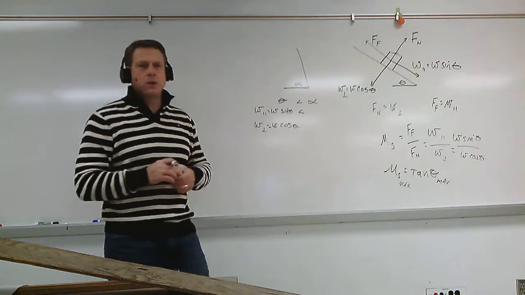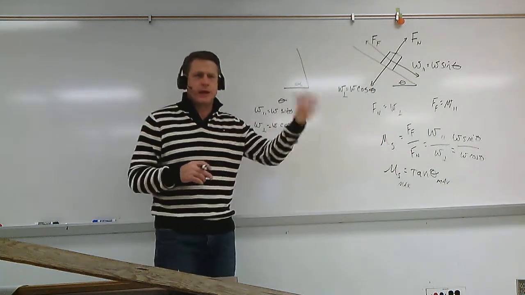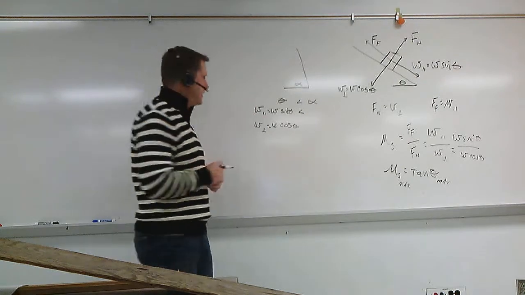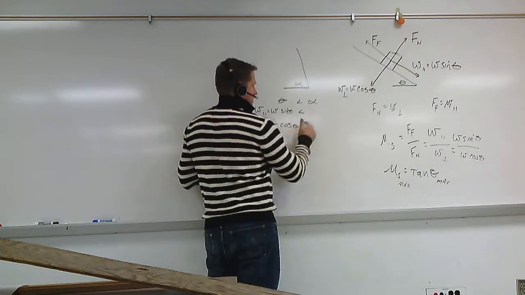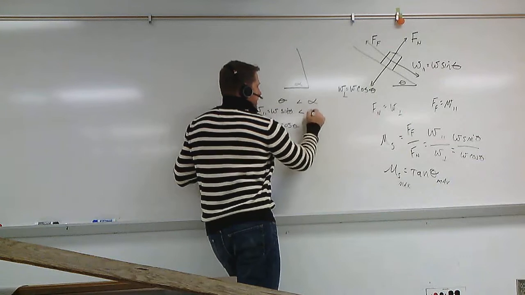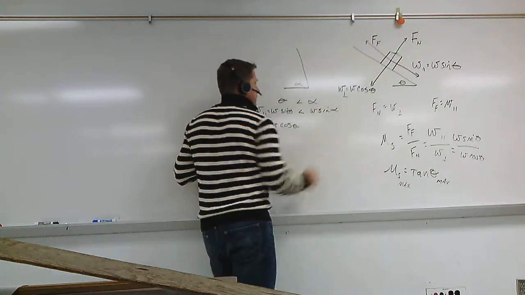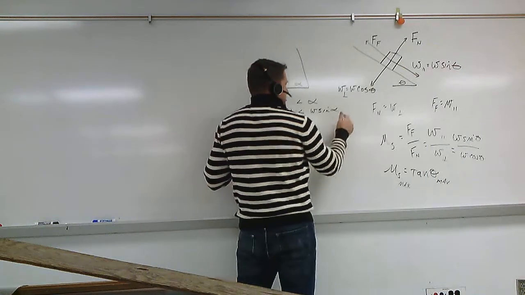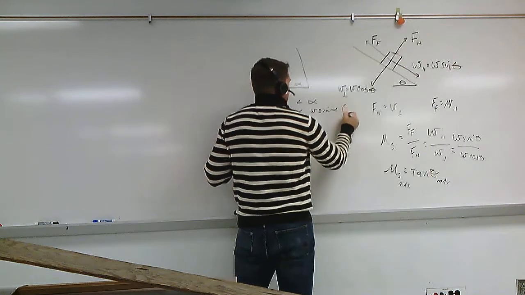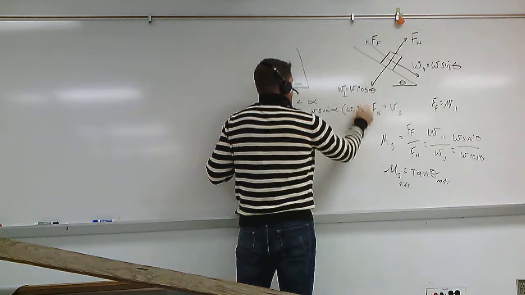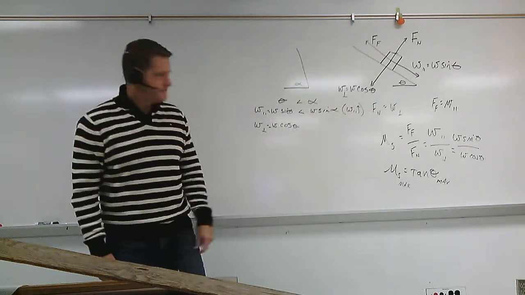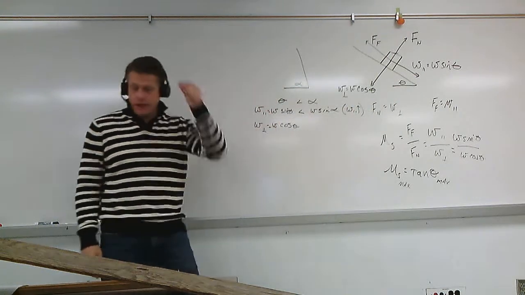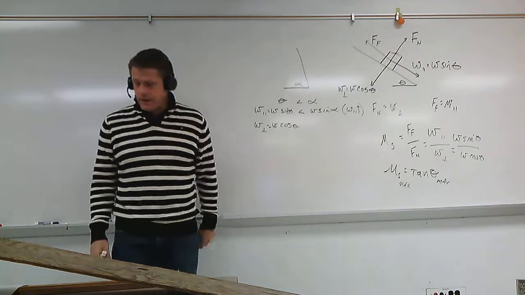So as my angle goes up from 0 to 90, or anywhere in that range, the sine of the angle actually gets bigger as well. So over here, we have a bigger parallel component of the weight. What's the significance of this? W parallel is getting bigger.